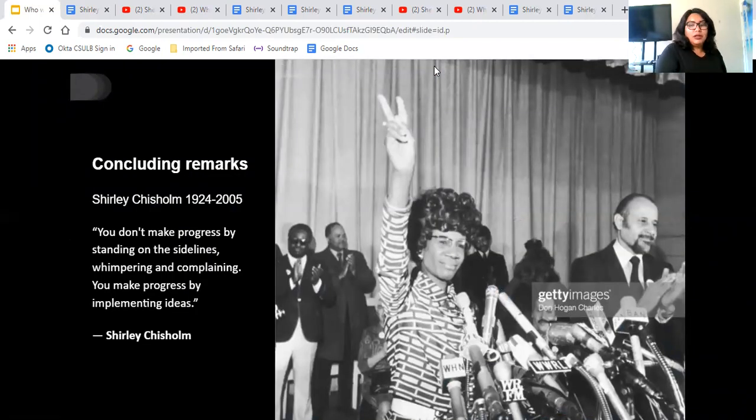So, Shirley Chisholm, she was a great woman. I think it's important for students to learn about her, and I feel like she brings a lot of connections to the past, as far back as the 1920s and to the present. We have a lot of people of color in politics now, and I feel like Shirley Chisholm really paved the way for them.